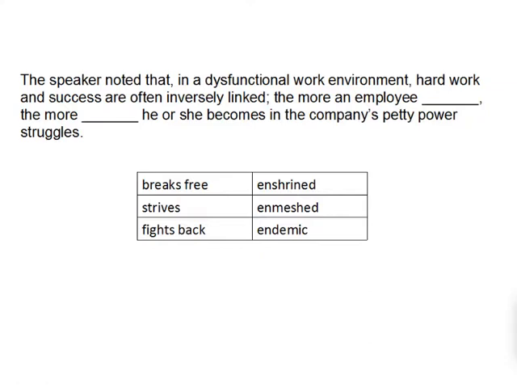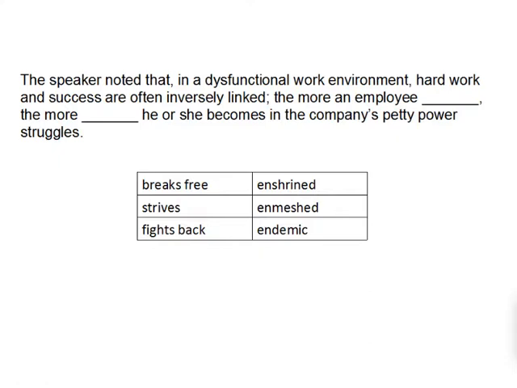In this particular instance here, the biggest clue, I think, is "inversely linked." If you saw that the semicolon is a pivot here, extra bonus points for you. If hard work and success are inversely linked, this means that the more we have an X, then the more.